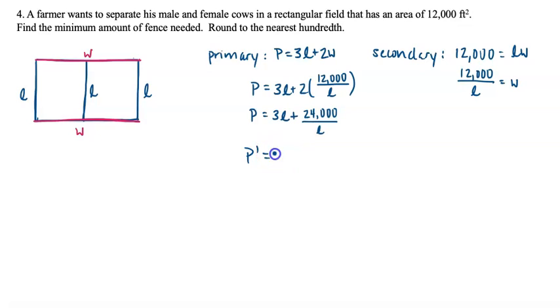Derivative of 3L is just 3, and the derivative of 24,000 divided by L is a negative 24,000 divided by L squared.